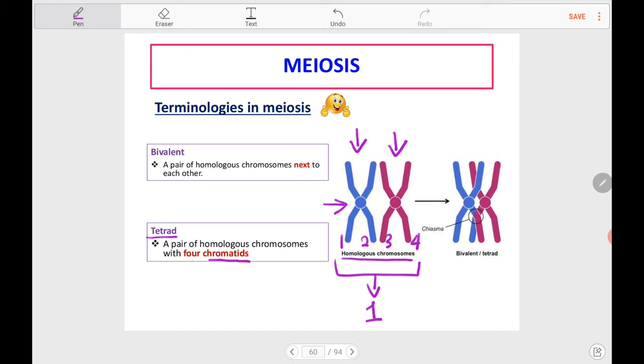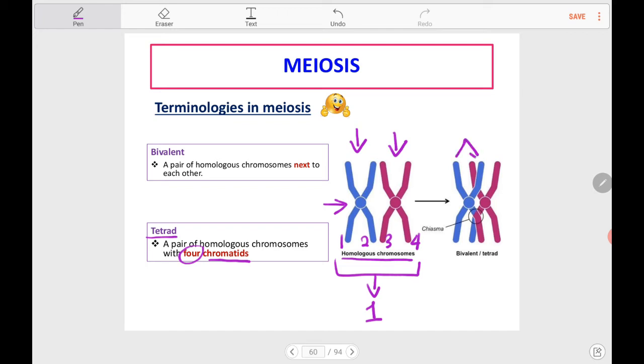So untuk tetrad, tidak semua chromatids tersebut adalah sister ataupun genetically identical. That's why terminologi ini hanya cakap 4 chromatids, bukannya 4 sister chromatids.